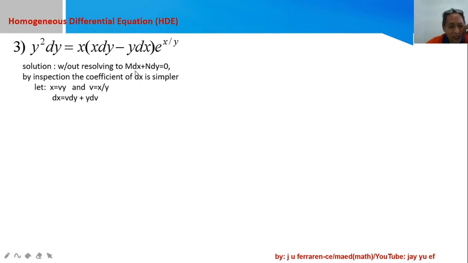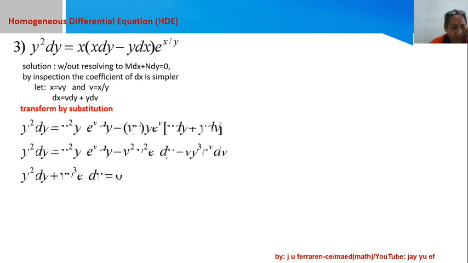So if the coefficient of the dx is simpler, then start replacing your x with vy. v is also a ratio of x over y. And it's good because this ratio is x over y, wherein later this can also be replaced with v. Now I have to substitute. Transform by substitution. y squared dy.